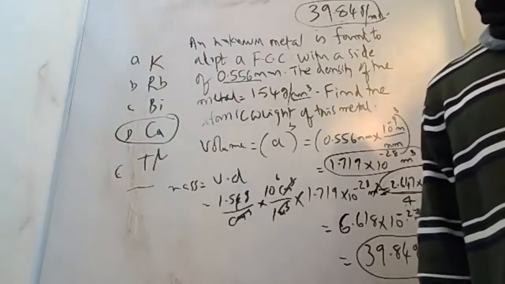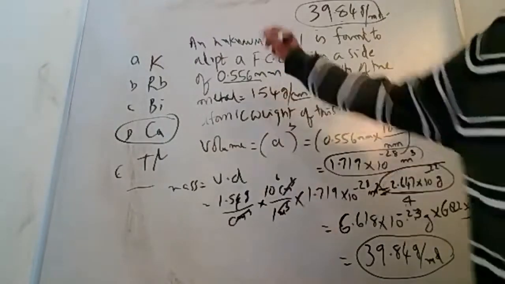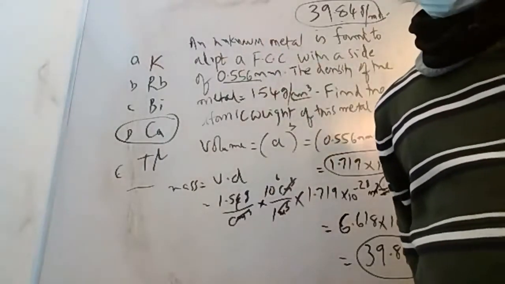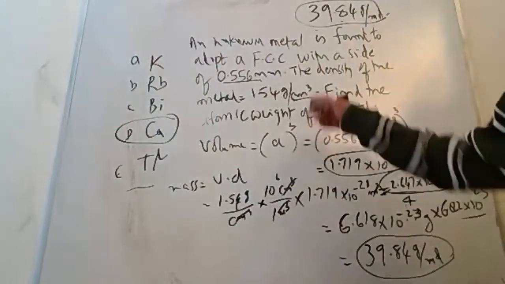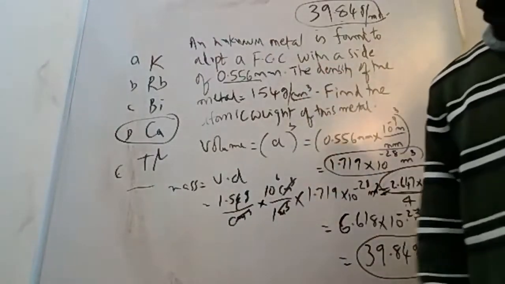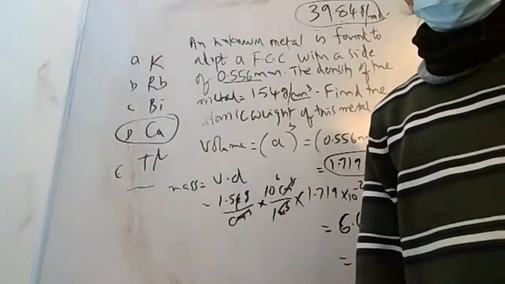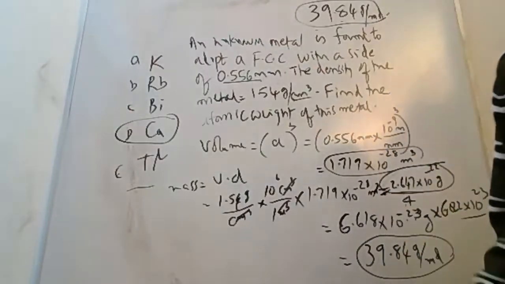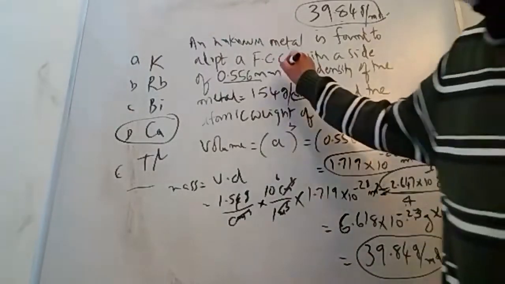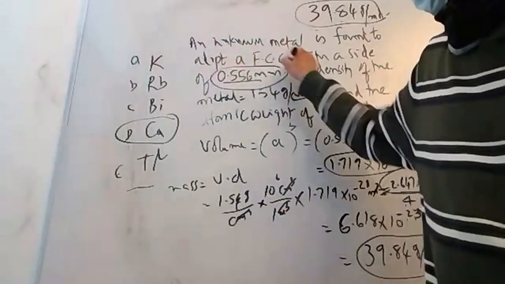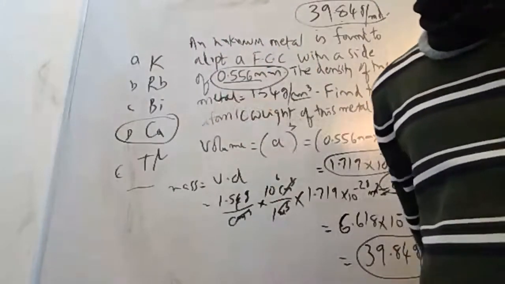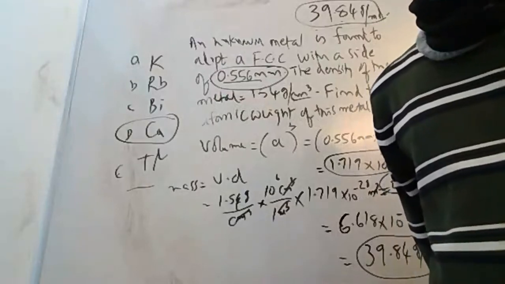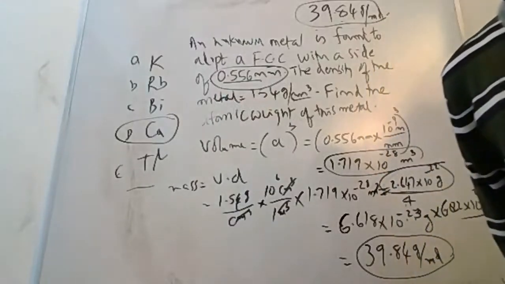Sometimes I may ask a question entirely differently. I will give you a calcium metal with a density of 1.54 grams per cubic centimeter, and it adopts an FCC cell. I'll ask you to calculate the side of the cube.